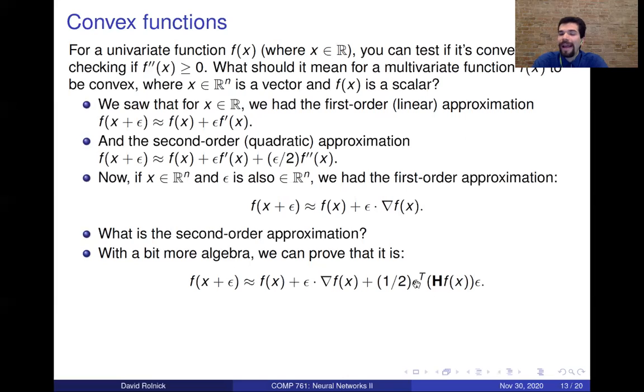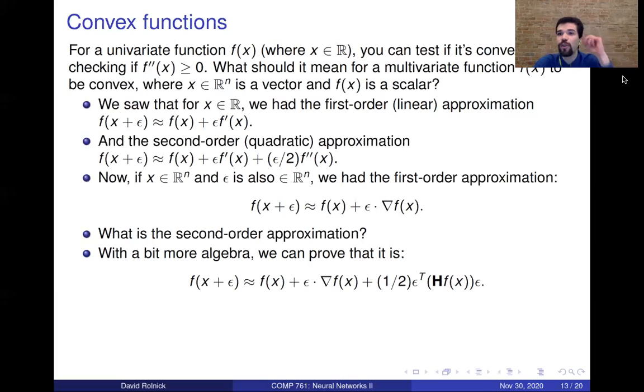This is a 1 by n vector, and you get a 1 by n times an n by 1, which is just a 1 by 1 matrix, which is a scalar. So this is 1 by n times n by n times n by 1, and that gives you a scalar, which you can add to this scalar and this scalar to get this final scalar.